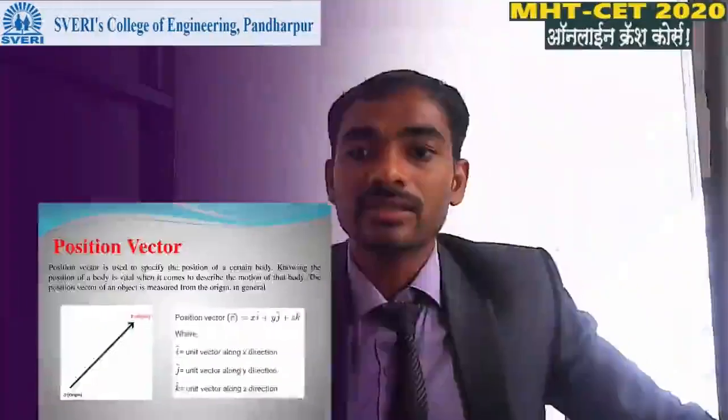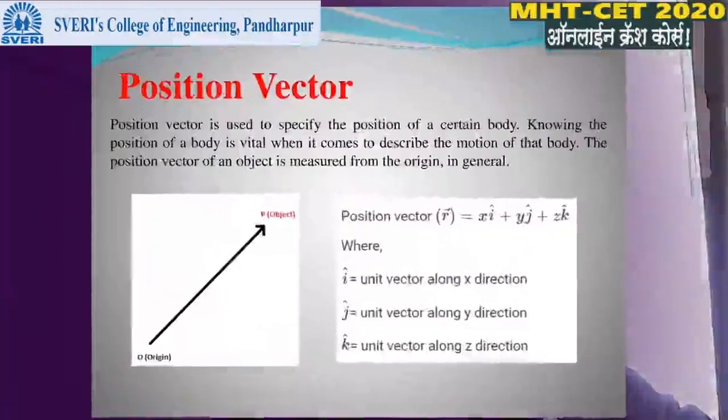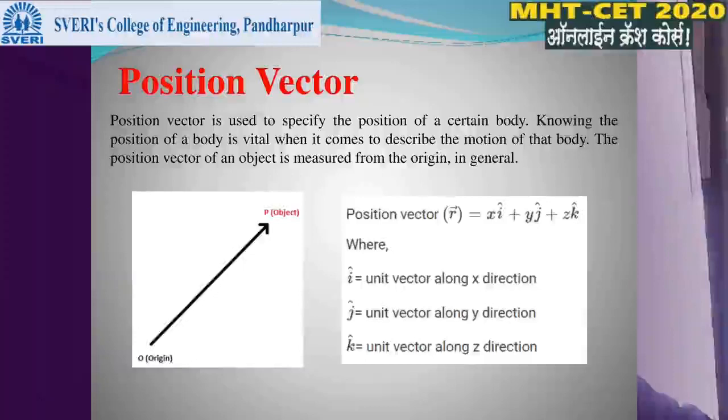Okay, next is the position vector. What is the position vector? Position vector is used to specify the position of a certain body.